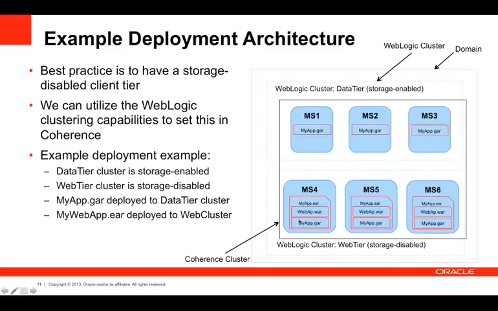In the second WebLogic cluster, again, you can have as many managed servers as you want. The number of managed servers between these two WebLogic clusters obviously doesn't have to match. Here you can deploy your application EAR file. You can deploy many different client applications.